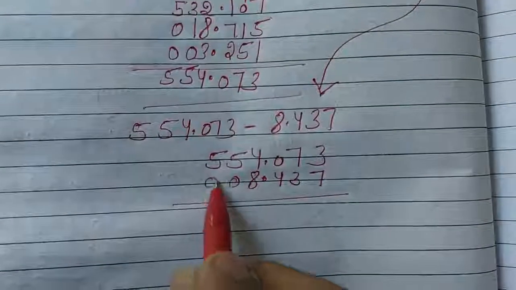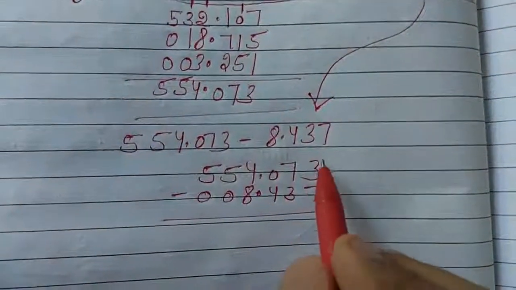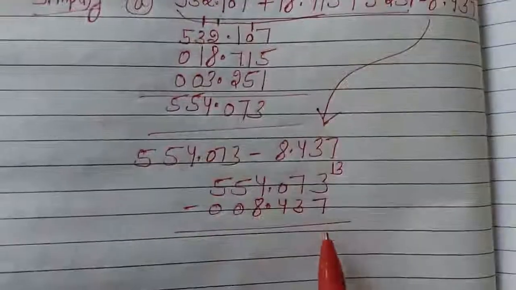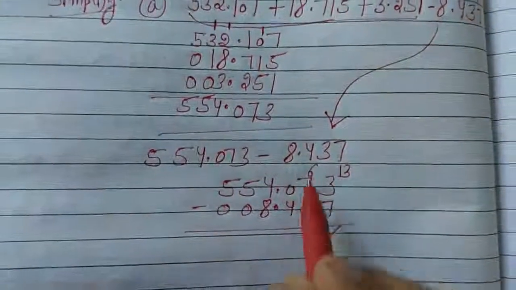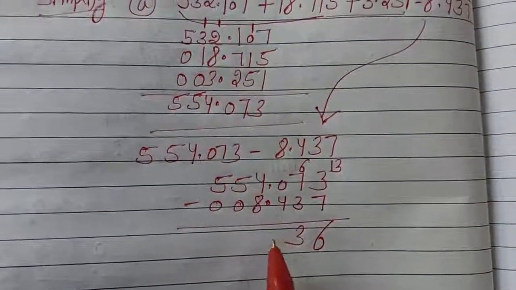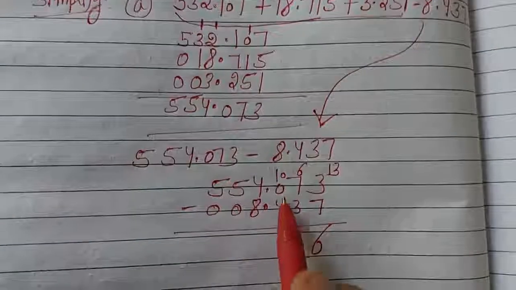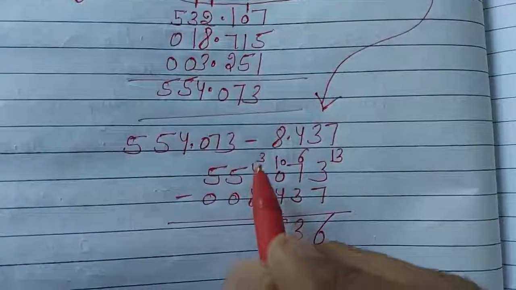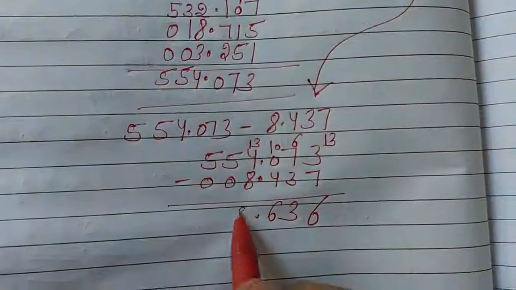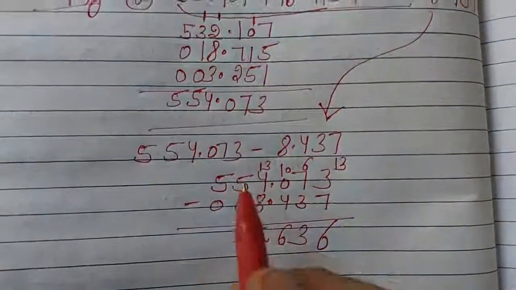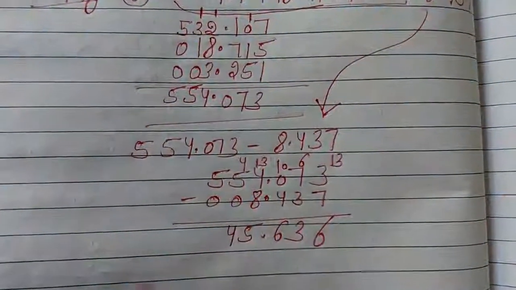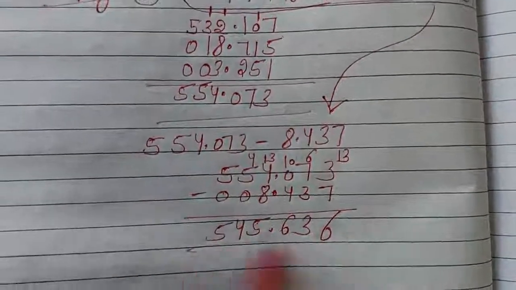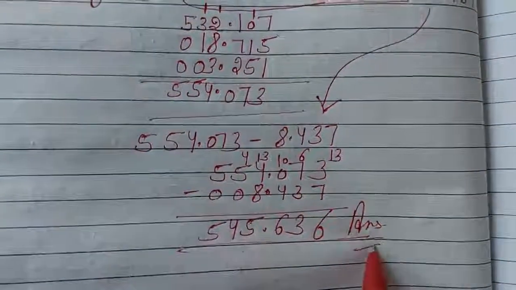Subtract it. It would become 13. It would become 6. Here it is 6. 6 minus 3, 3. Okay. It would become 10. 10 from 4, 6. Okay. It would become 3. 3 means 1, 3. It would become 5. It would become 4. So it would be 4. And here would be 5. So this would be the answer.